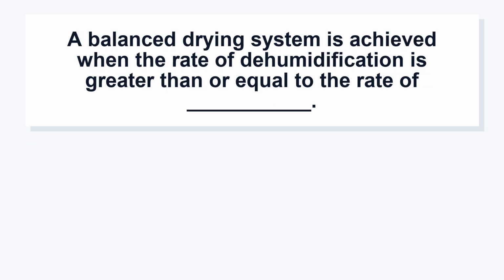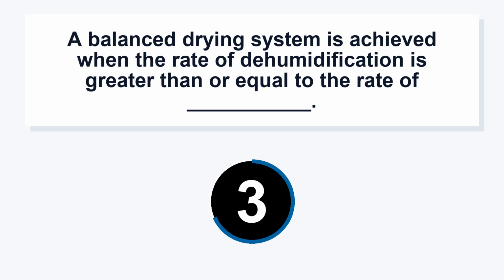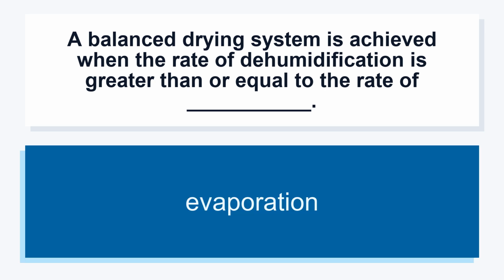A balanced drying system is achieved when the rate of dehumidification is greater than or equal to the rate of evaporation.